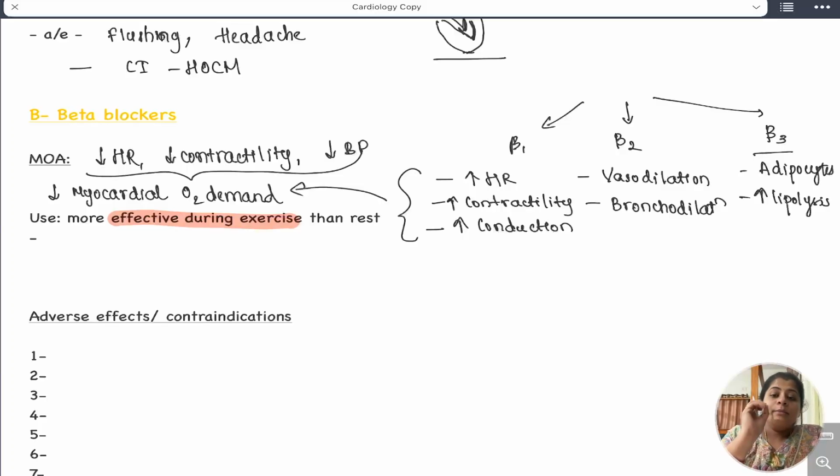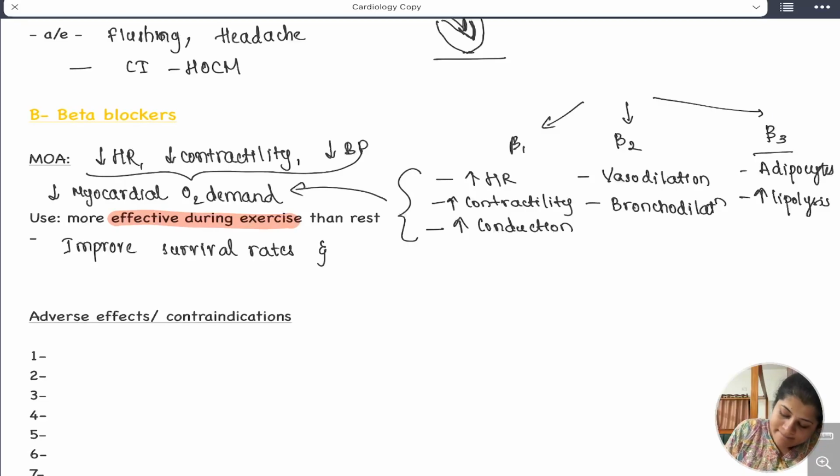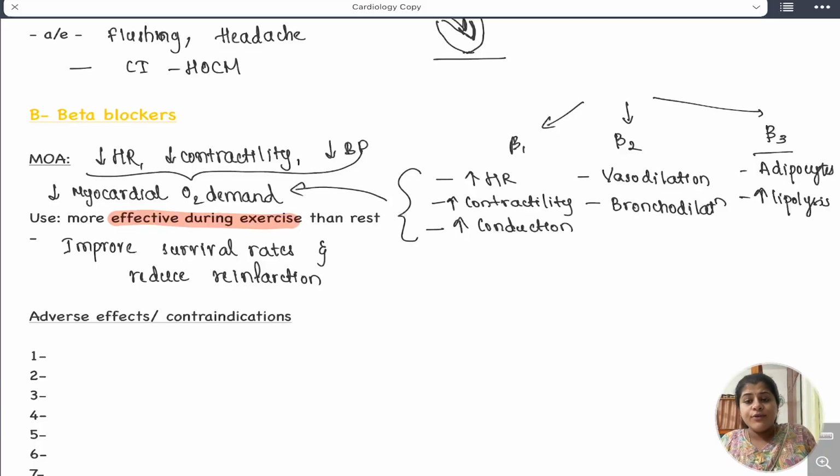The main use is this: they improve survival rates and reduce the risk of reinfarction.